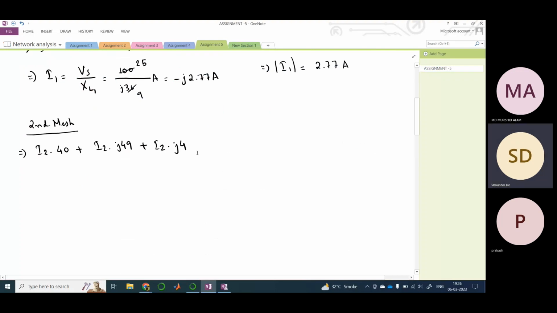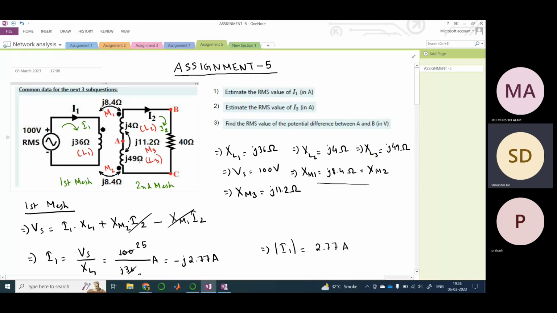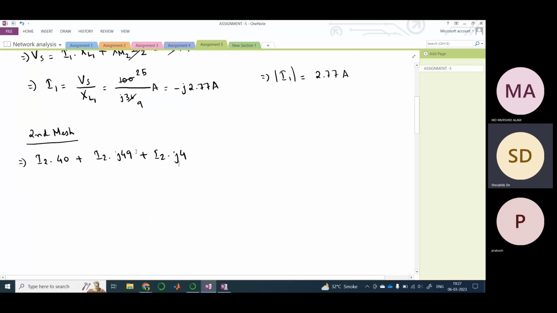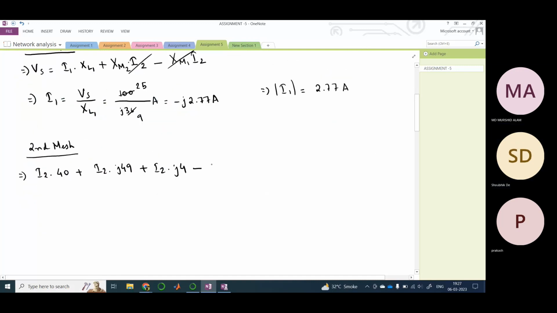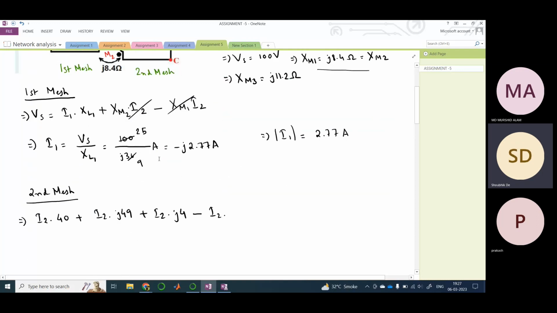Now the mutual inductance between these two inductors, what is this? This is J11.2, but see here, this I2 is entering through the positive part of inductor L3, because the dot is present on the lower side. On the other hand, the dot is present on the upper side, so it is basically entering through this negative terminal. So therefore, there would be a minus here, minus I2 into J11.2.